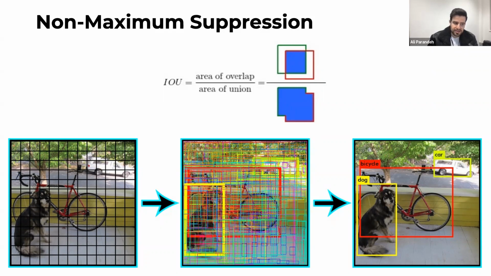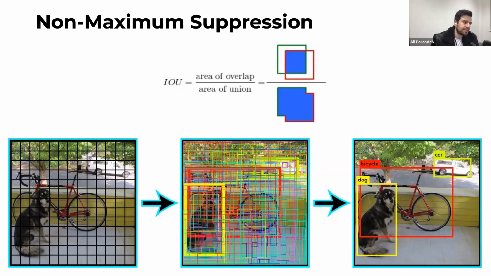In the first stage, you calculate the IOU of the bounding boxes for each class and keep the ones with the highest IOU. Then in the next stage, you get rid of the ones where the prediction score of that bounding box is low. So you only keep the bounding boxes that have a high IOU and a high prediction score at the end. That's how you perform non-maximum suppression.